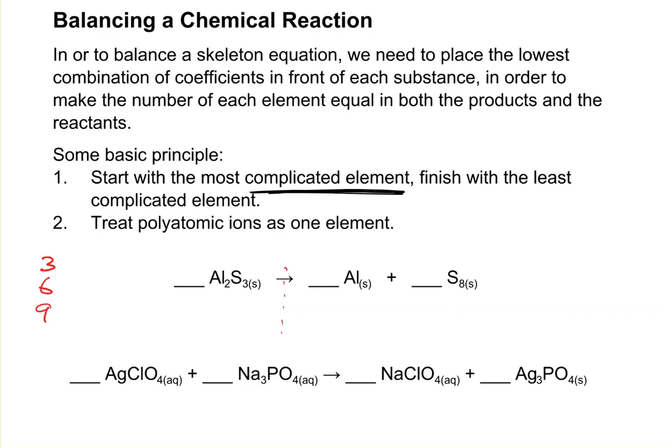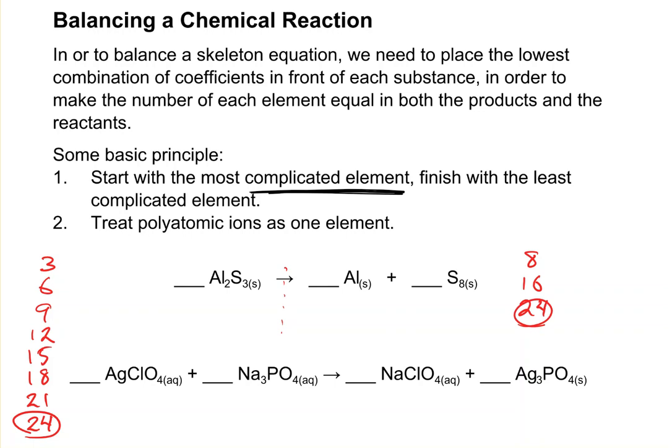Okay, well, let's see what groups I can make. 3, 6, 9, 12, 15, 18, 21, 24, and I'm running out of room. Okay, sure. Let's see what groups we can make with 8. 8, 16, 24.